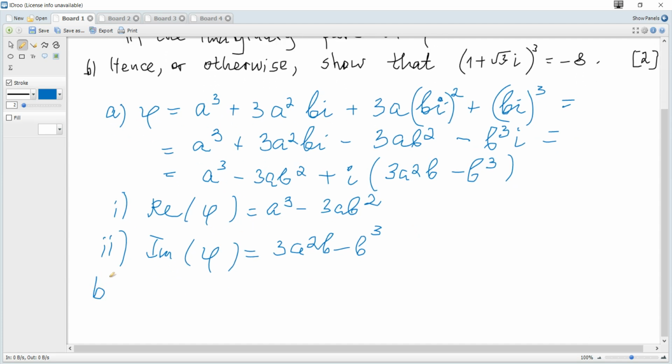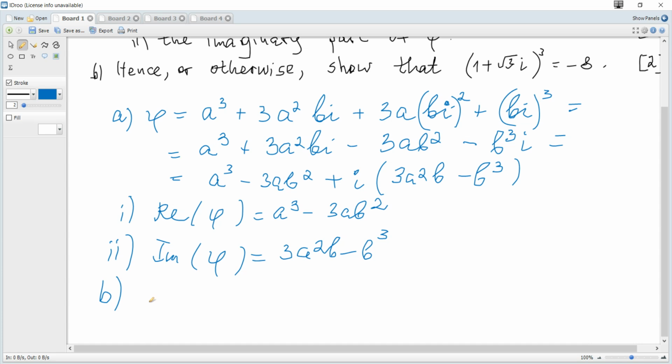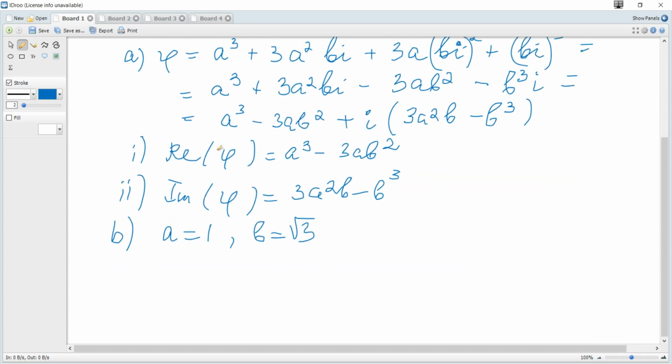Question B: hence or otherwise, show that (1 plus root 3 i) cubed is -8. You can see that it's absolutely the same, for a is 1 and b is root 3, so we can use the obtained expansion to find (1 plus root 3 i) cubed.